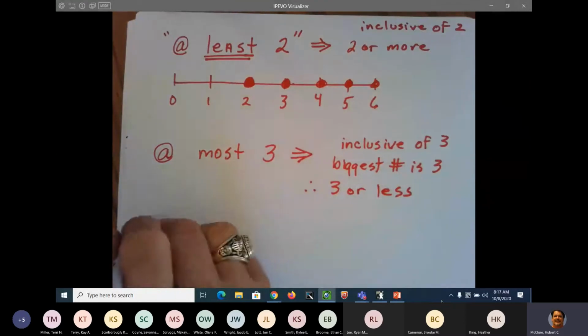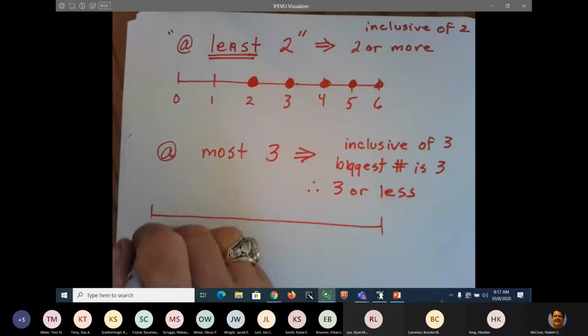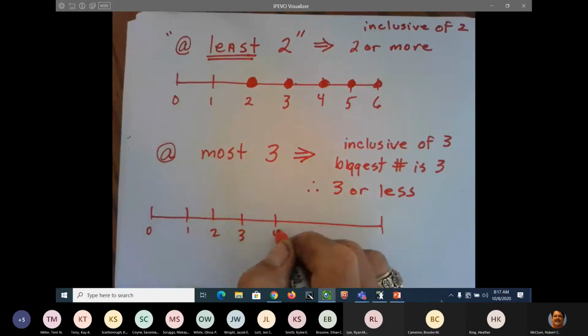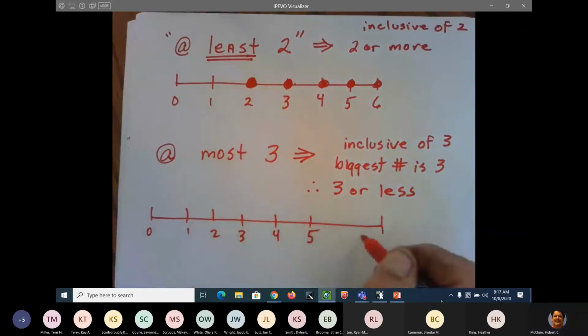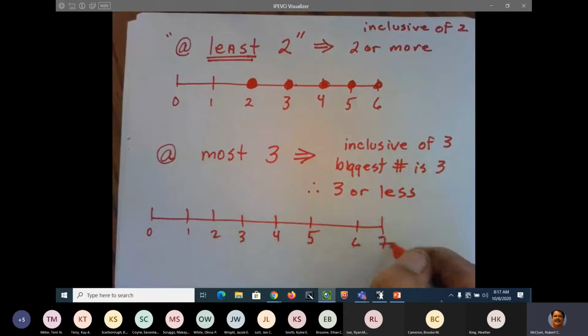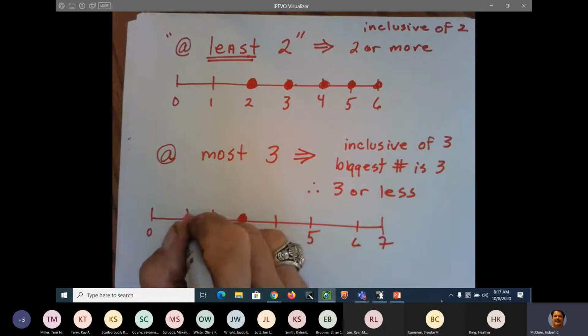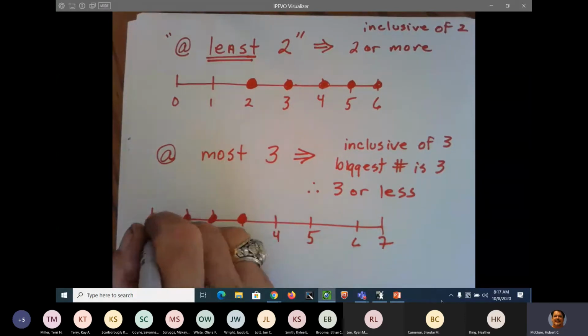So you would draw your closed circle, and 6 and 7. Okay, and that would be 3, 2, 1, 0.